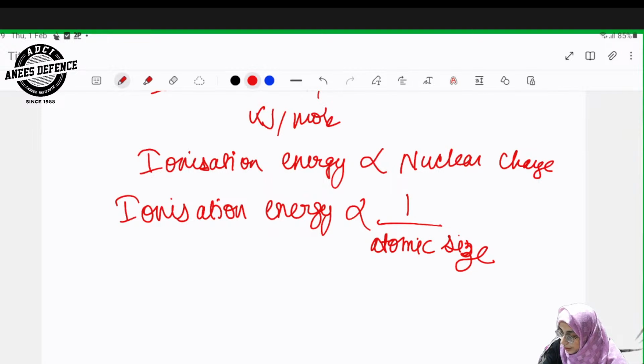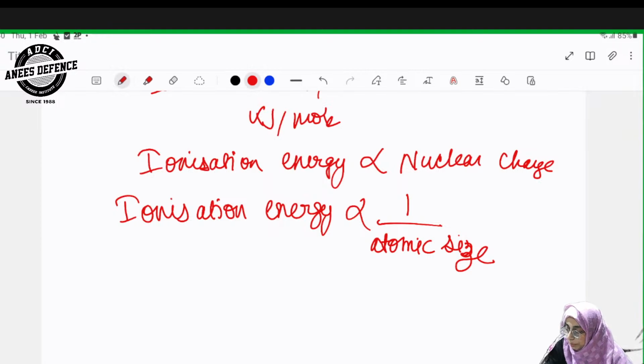This indicates that the higher the magnitude of the ionization energy, the closer an orbital is to the nucleus. It means the outermost electron in the orbital is closer to the nucleus, due to the larger force of attraction between the electrons and the nucleus.